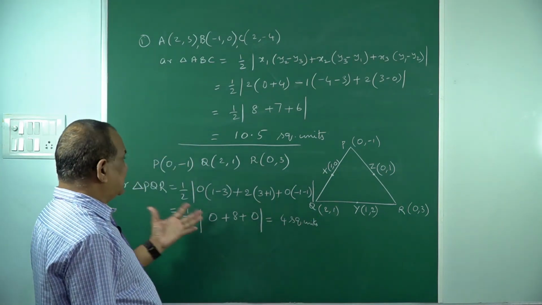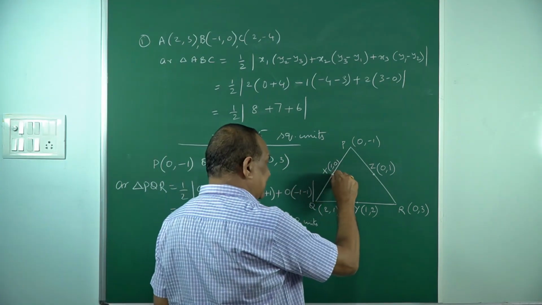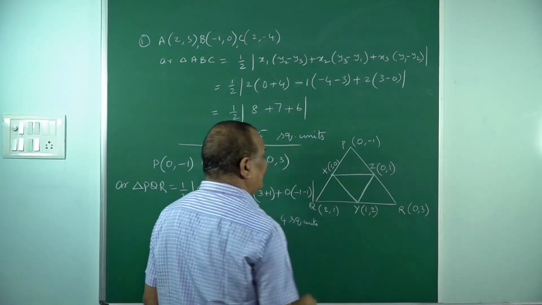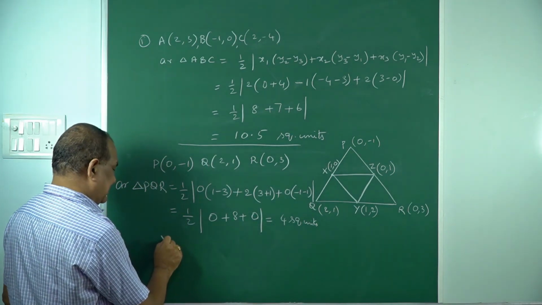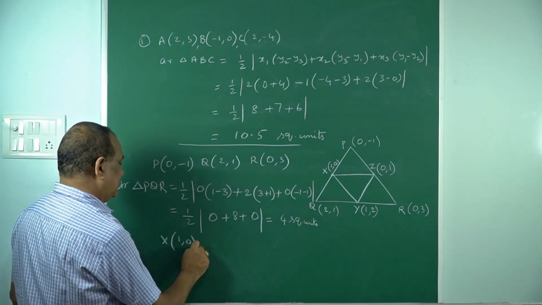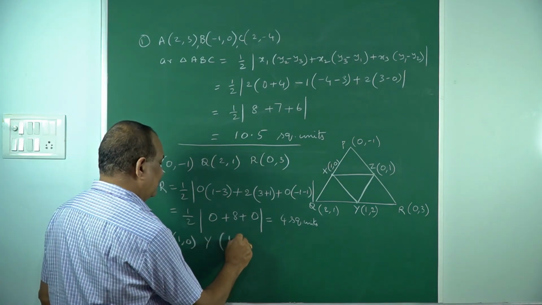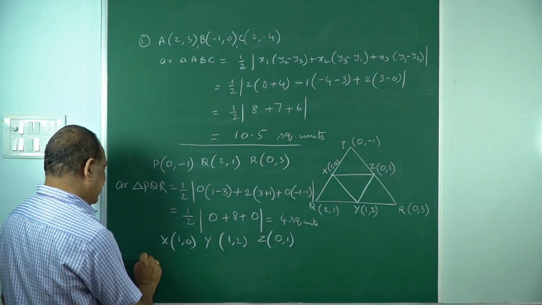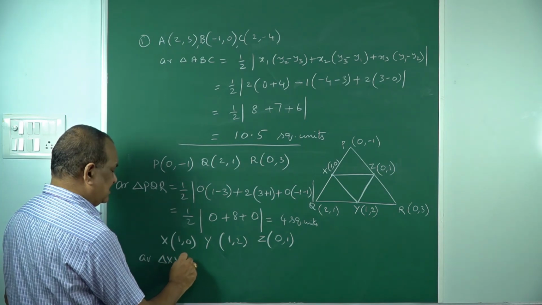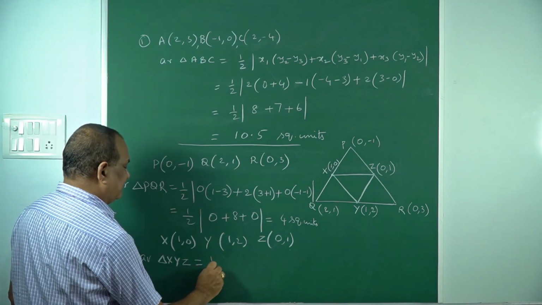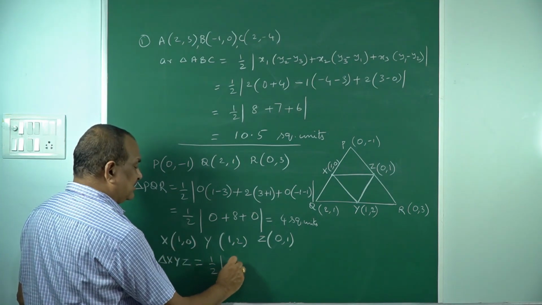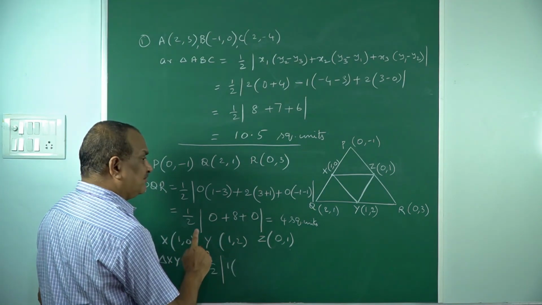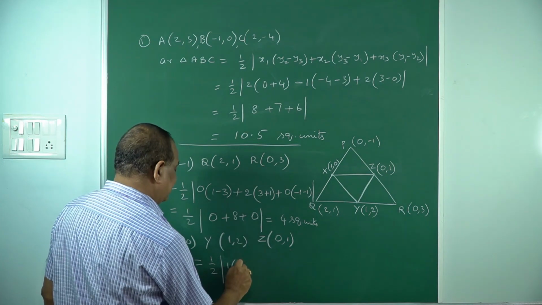And now my next part is I need to find the area of this XYZ. Those vertices are X is 1 comma 0, Y is 1 comma 2, and Z is 0 comma 1. And we need to determine the area of triangle XYZ. Start with half of x1 times (y2 minus y3), 2 minus 1.